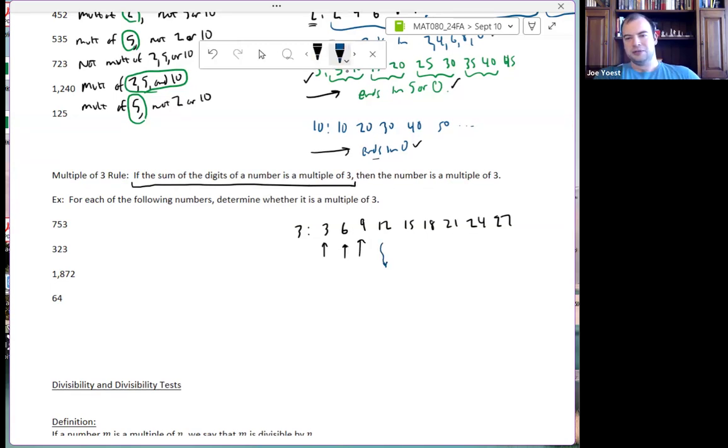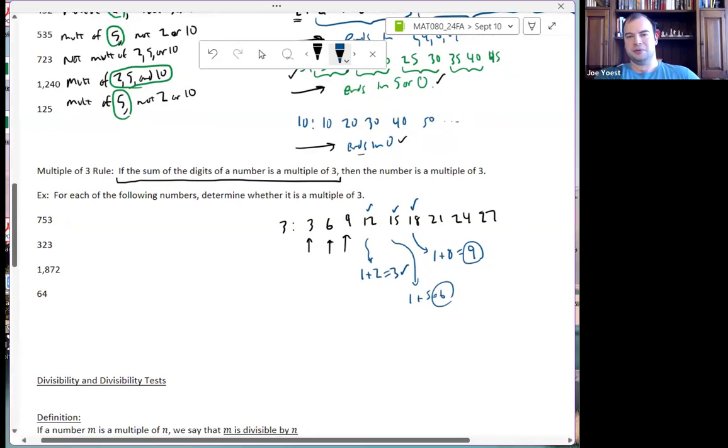If I look at, say, 12, that's a little harder, but 1 plus 2 equals 3. 3 is a multiple of 3, therefore 12 is. If I look at 15, 1 plus 5 equals 6, and I can see really easily that 6 is a multiple of 3, therefore 15 is. 18, again, maybe I don't see immediately that that's 3 times 6, but 1 plus 8 is 9, and I do immediately see that 9 is a multiple of 3, so therefore 18 is a multiple of 3.